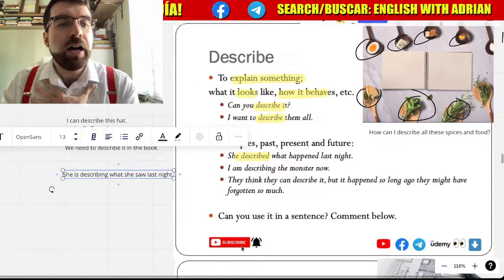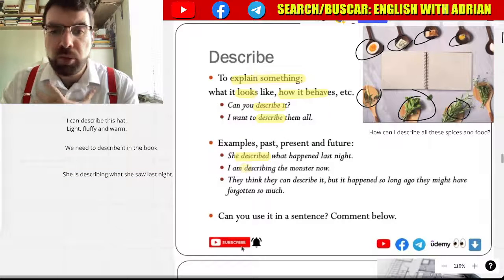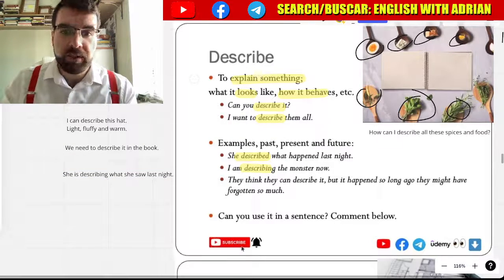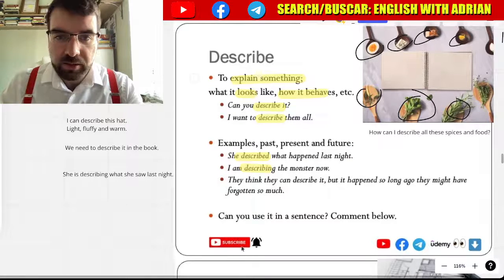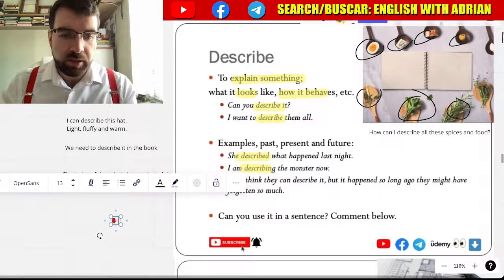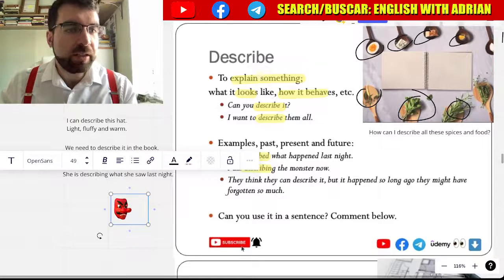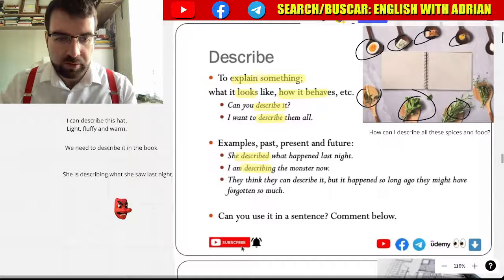I am describing the monster now. Yeah. Monster. This monster now. There we are. Describing the monster now. Very good.